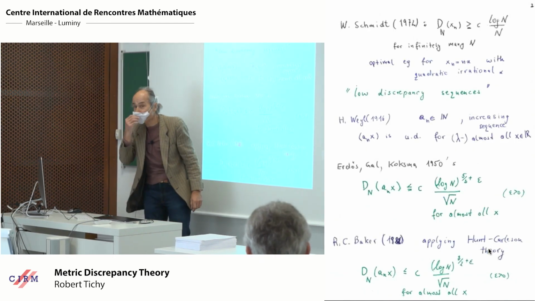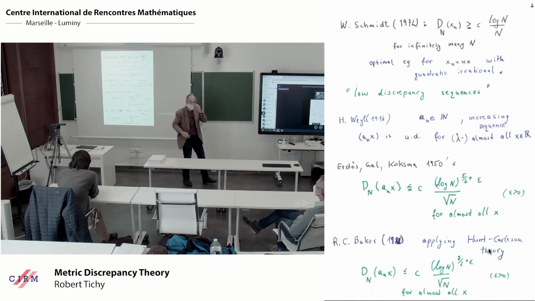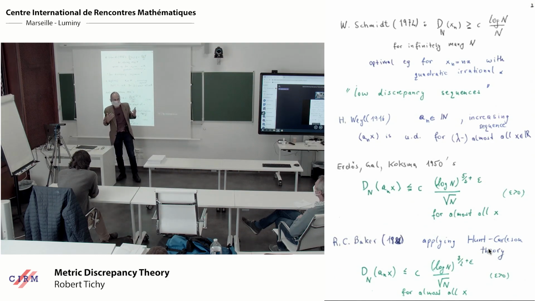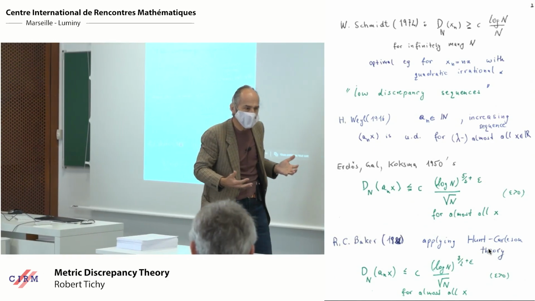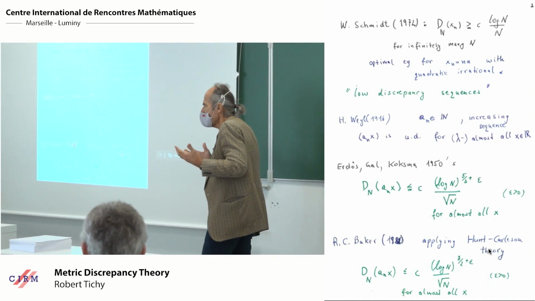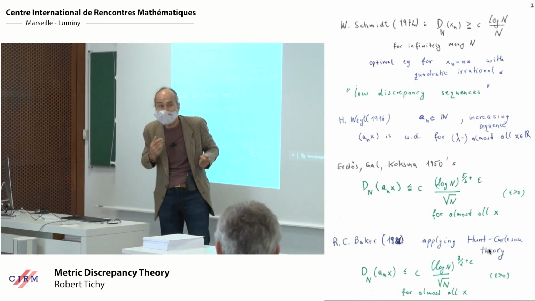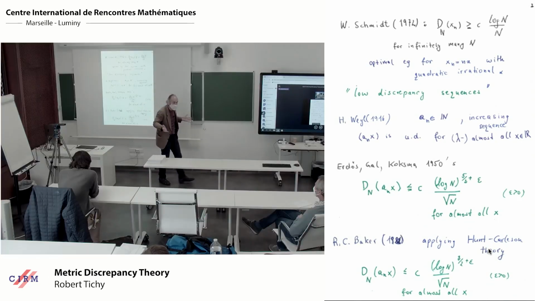And of course, it is interesting to know convergence properties of discrepancy functions. The famous result of Wolfgang Schmidt says that such discrepancies cannot become arbitrarily small, and we always have a lower bound log n over n for infinite sequences.